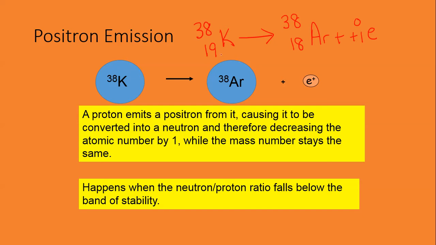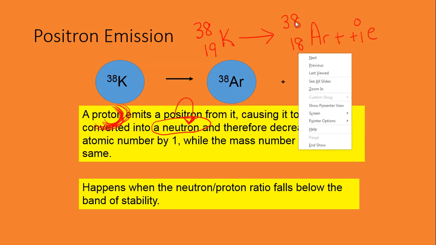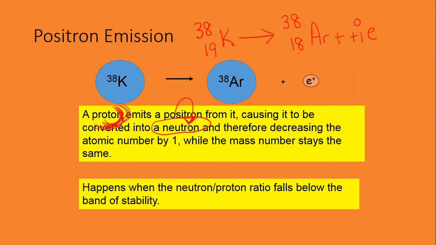And so here's what we get. We have potassium emitting one of its protons. Now remember, when it gets rid of that positive particle, the proton becomes a neutron, right? We just said that before. The positive particle causes that proton to become a neutron. A proton turns into a neutron. So notice we have one less proton, but the mass is still the same.